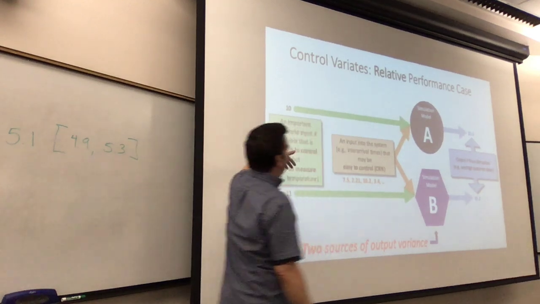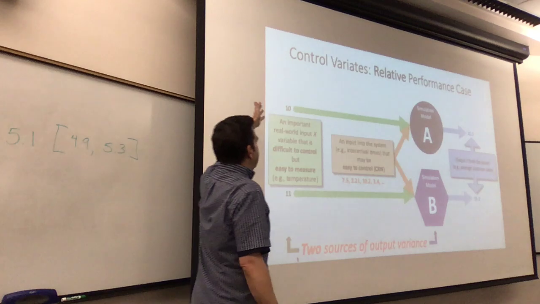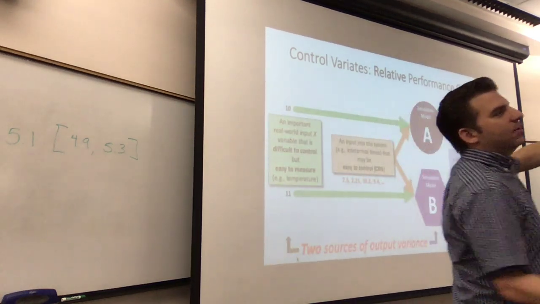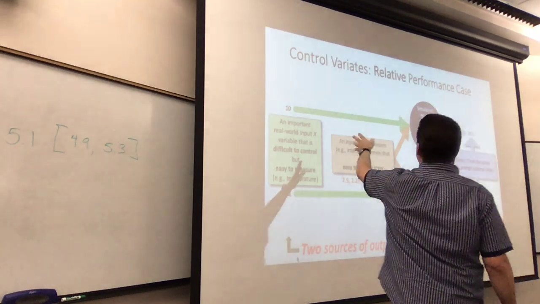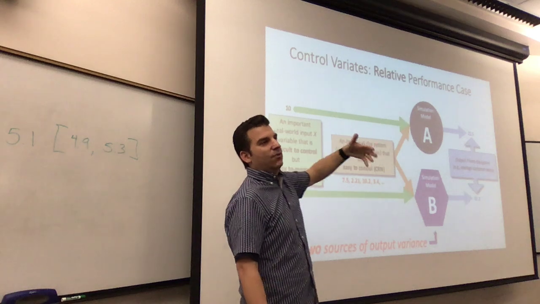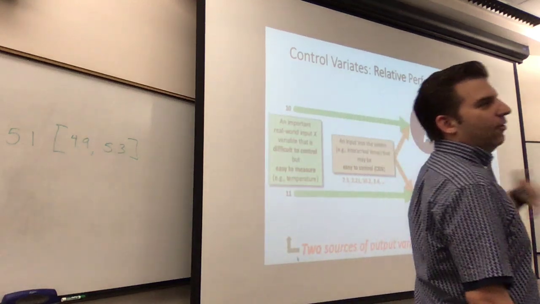But there might be something that I can't control. Like maybe for some reason the temperature of my laptop is affecting the way in which numbers are generated. Or maybe I'm doing this in the real world and the temperature of the day actually affects the way people arrive and how quickly orders get made.